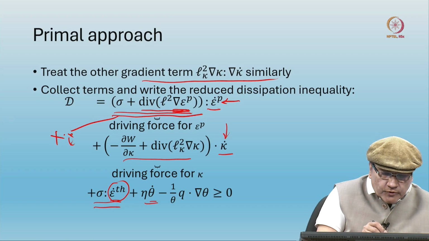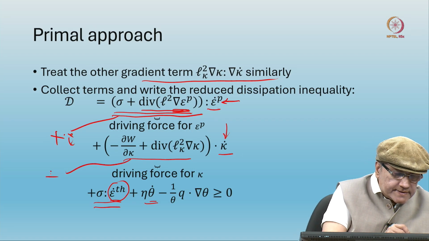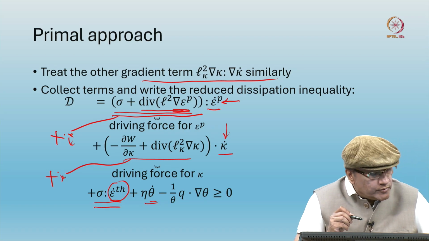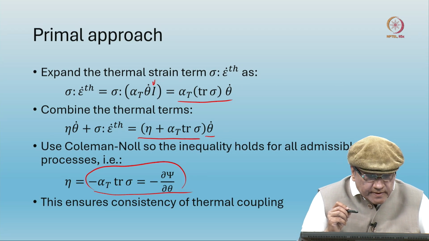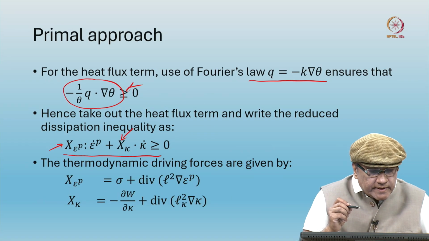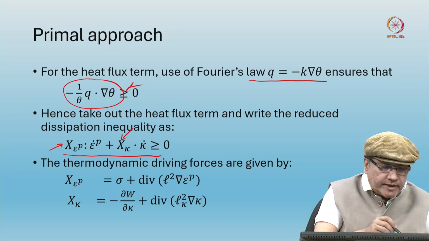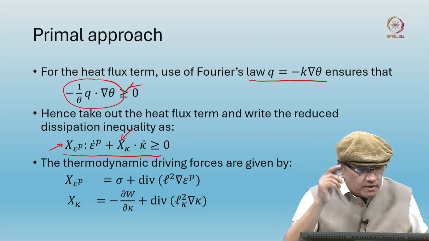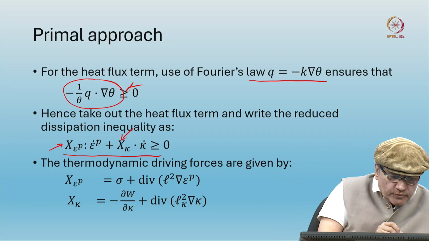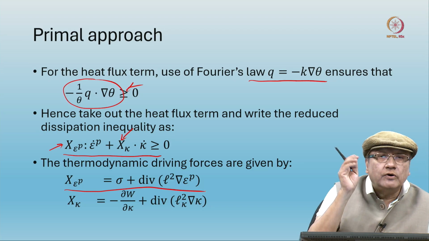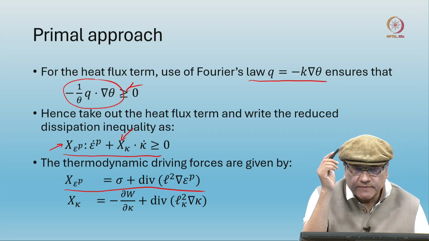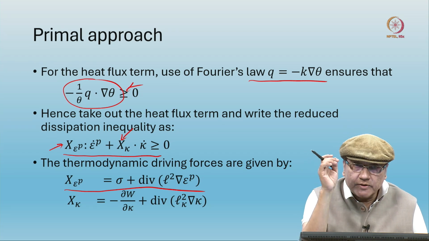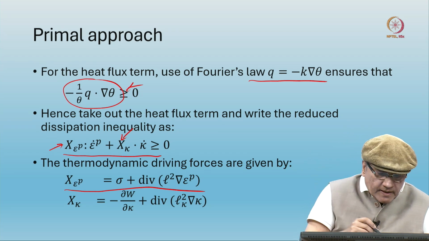Similarly, this was the force X kappa, associated with kappa dot. We already have these expressions for X epsilon p and X kappa. These work on epsilon p dot and kappa dot respectively to produce power.